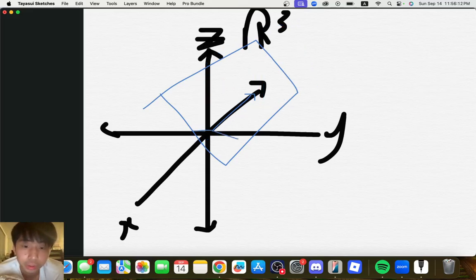Or it could be like this, perpendicular to this plane. You wouldn't know which direction it's going, so you need another vector to define the other direction. But why am I talking about this? I could have just said this in the first place, but there's actually an easier way to use it with one vector.